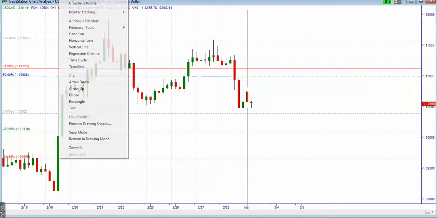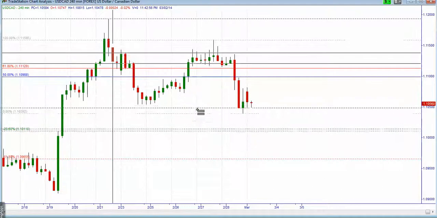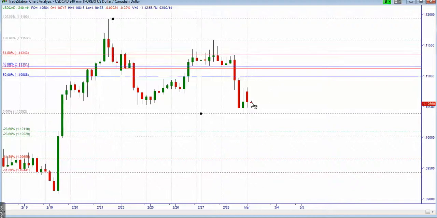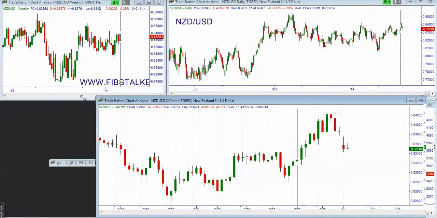And a potential other level comes from the previous high. It's less probable, but still possible for price to trade at 111.16 here.